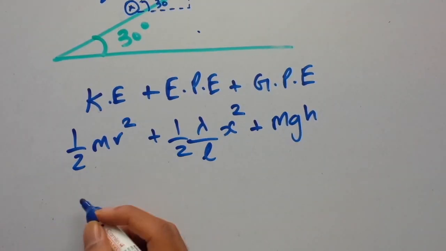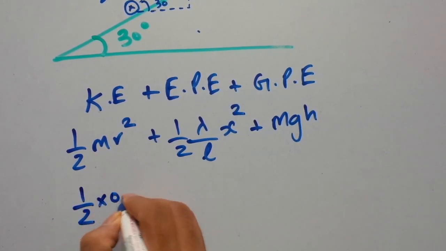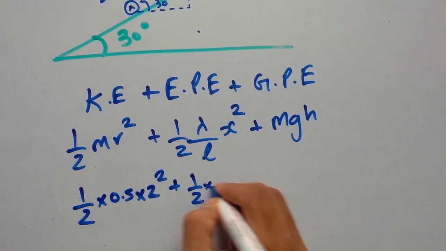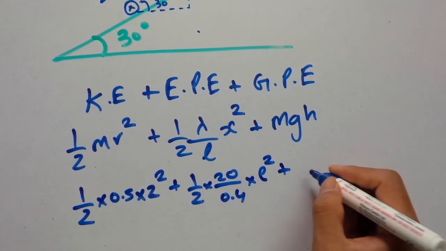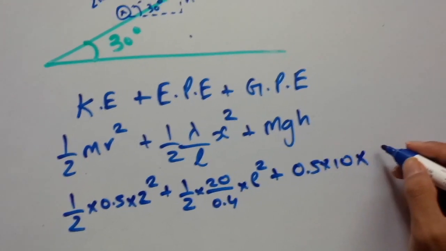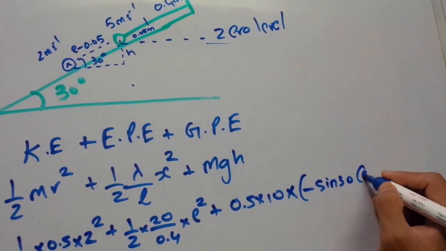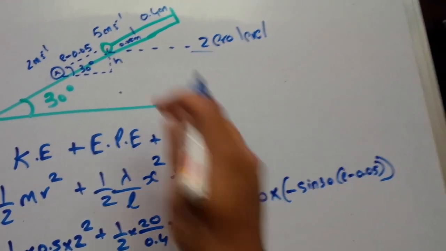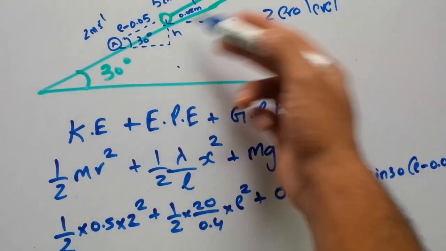Substituting the values, we will be getting half into 0.5 into 2 square plus half into 20 upon 0.4 into E square plus 0.5 into 10 into the height, which is minus sine 30 into E minus 0.05, because the change in height is downwards from the zero level.